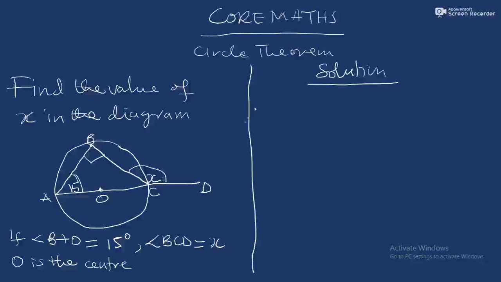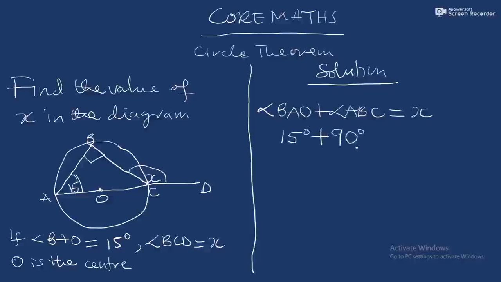So let's see. It means that angle BAO plus angle ABC should give us x. So substituting, angle BAO is 15 degrees from the question, and angle ABC is 90 degrees from the theorem.